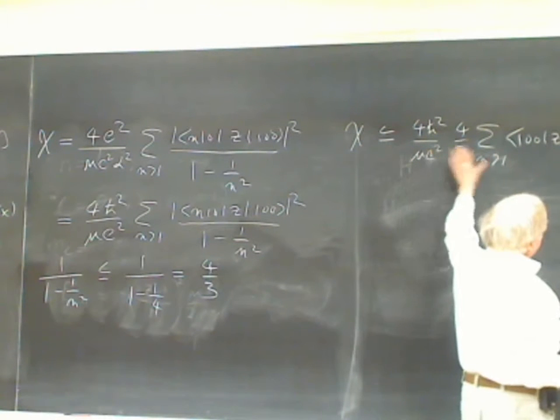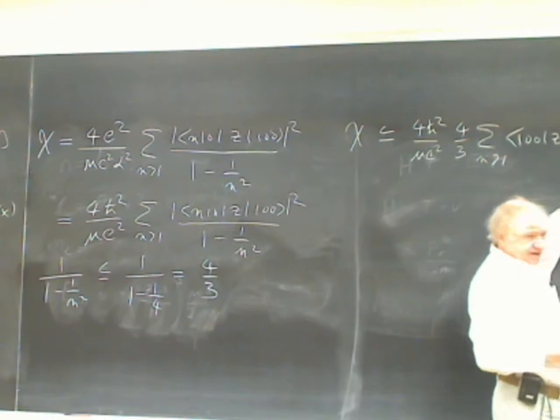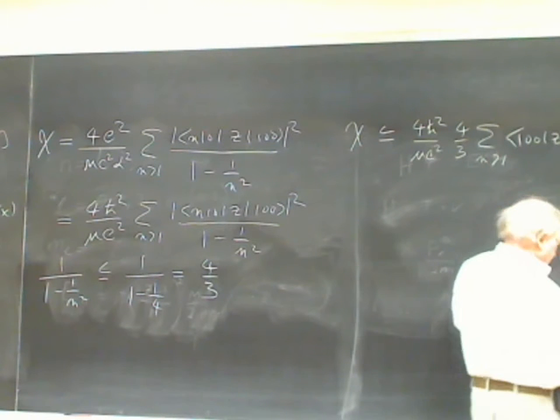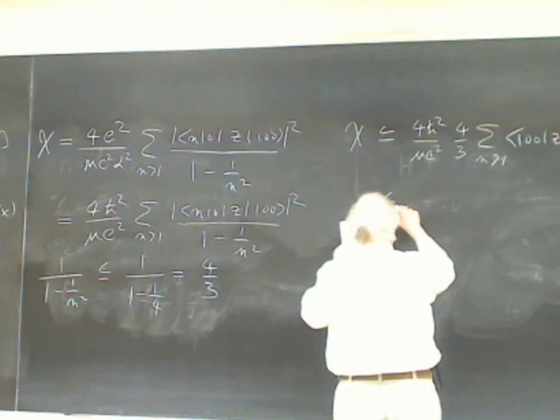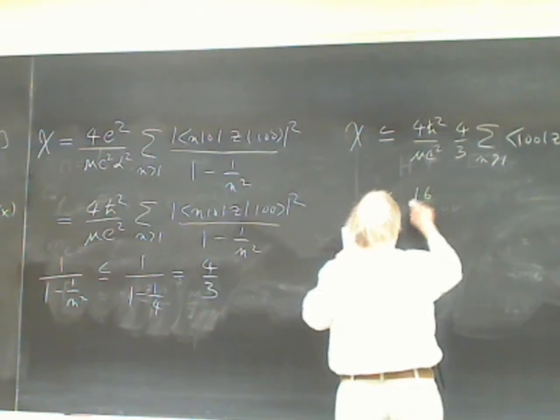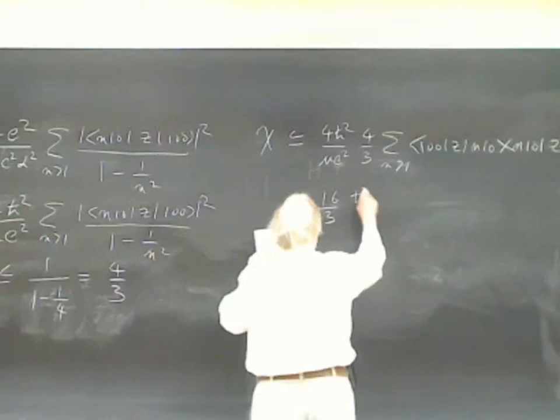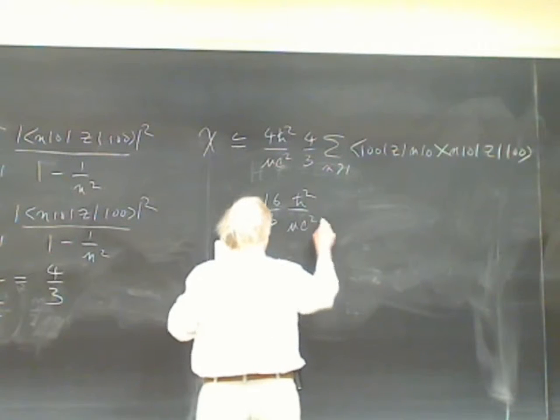Now you see, we're just looking for an inequality, so we can add other intermediate states here and increase the size of the right-hand side, and we'll get a weaker inequality, a weaker upper bound. And so we can say this is less than or equal to 16 over 3 h bar squared over mu e squared.